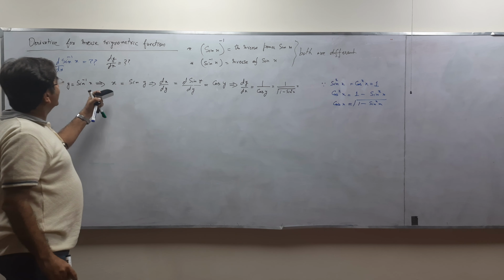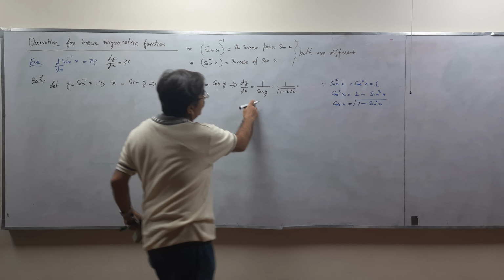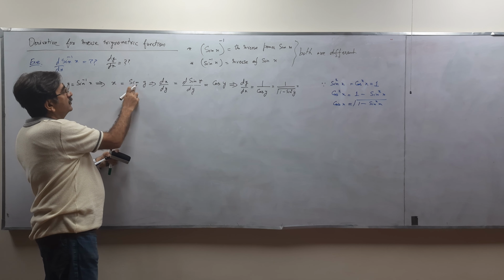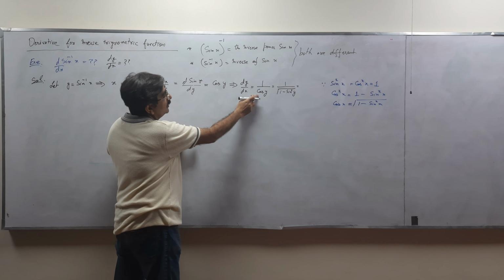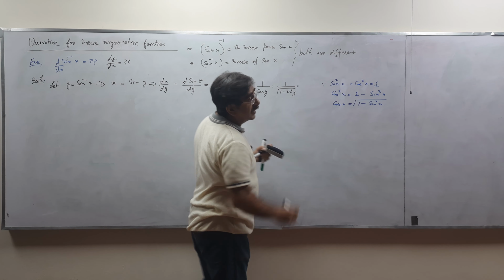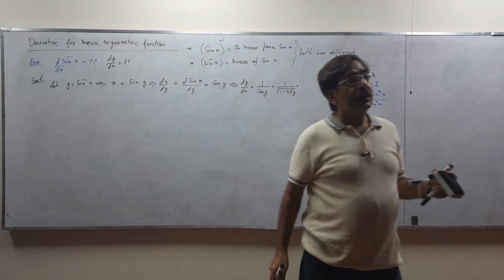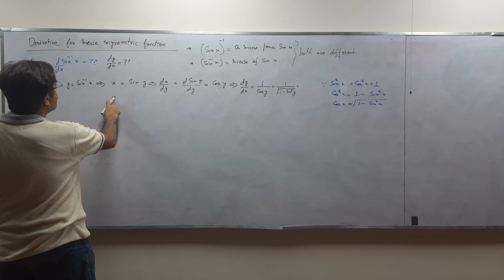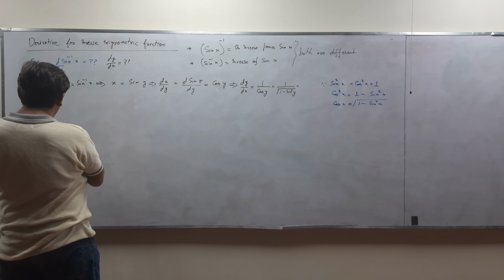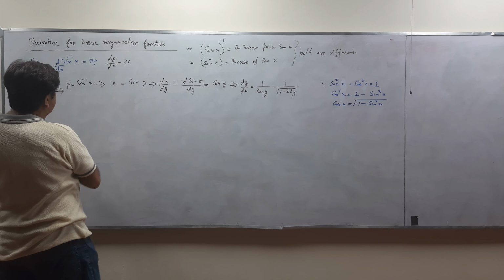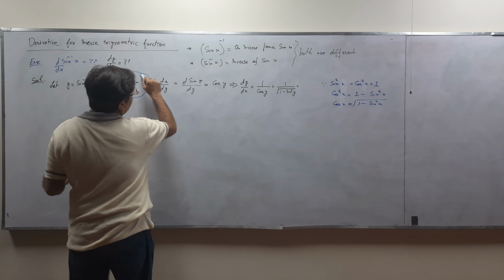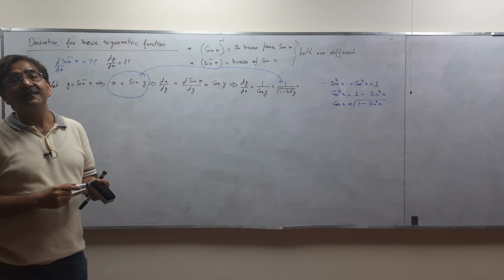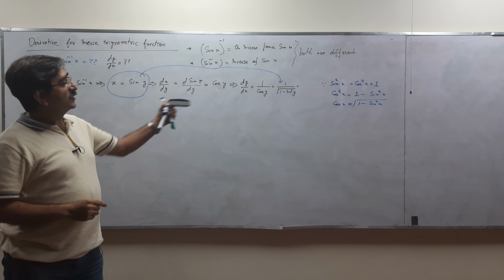Here we have cos y, that will be equal to the square root of 1 minus sin square y. But sin y is equal to x.